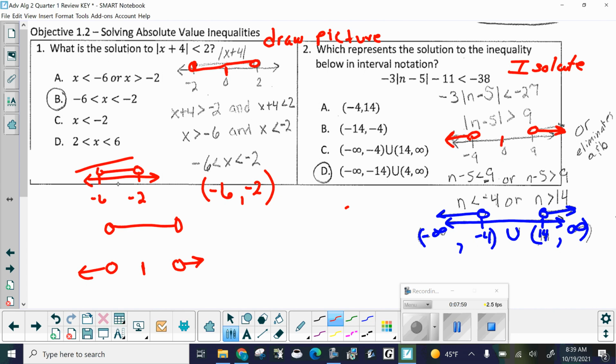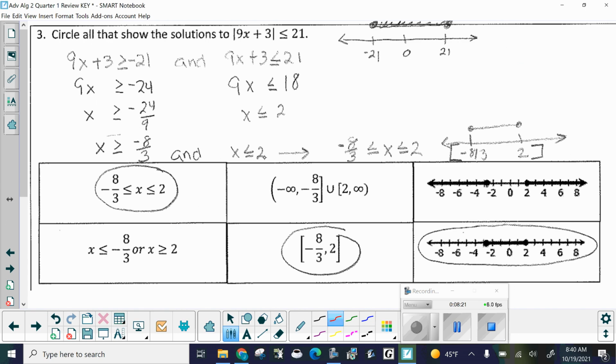Notice the graph of the solution right here is the same shape as the graph of the problem. This, however, represents what x equals, okay? This up here is what x plus 4 is. All right, let's go on to the next two problems.